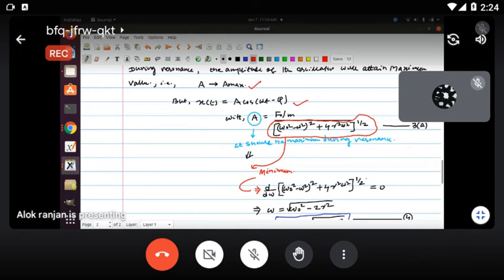A function is at an extremum when the first derivative is 0, and you substitute the solution obtained from equating the first derivative into the second derivative. If the second derivative is less than 0, it means maximum. When the second derivative is greater than 0, it means minimum. Yes or no?